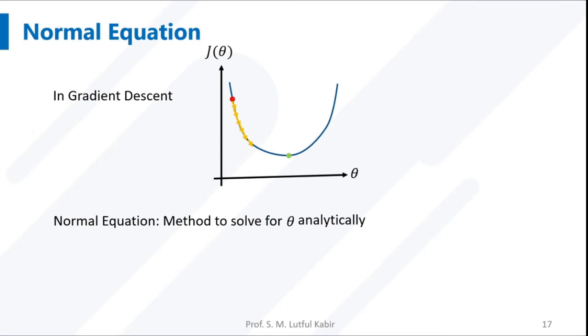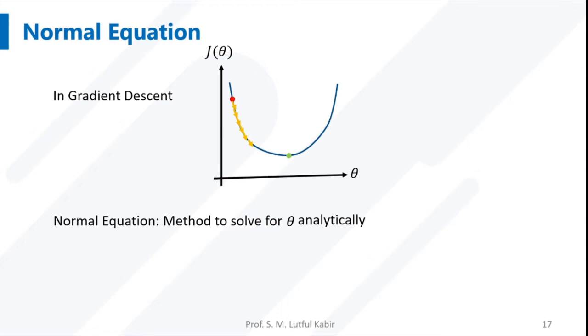And in the normal equation, the method is to solve for theta analytically, where thetas are the parameters of your regression problem. So in the regression analysis, all the theta, it may be just 2, theta 0 and theta 1, in case of a single variable. It can be n plus 1 in case of multivariate linear regression.